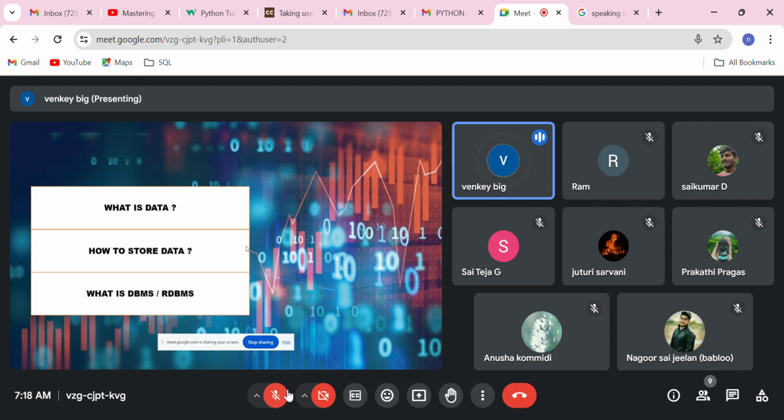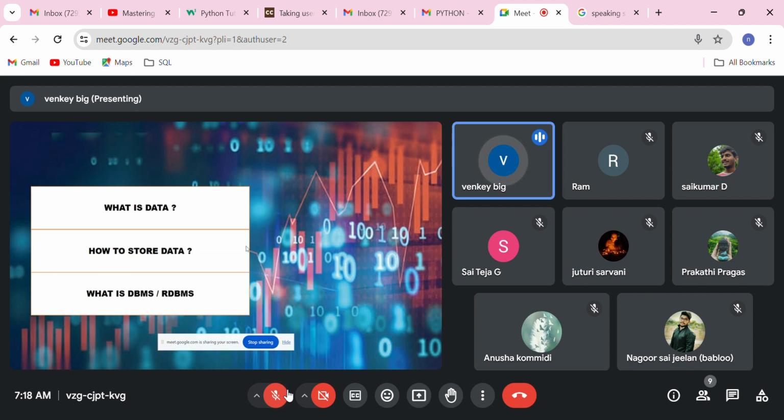Okay, now let us understand the concept of DBMS. As I already told you, DBMS consists of a set of rules. Let us take an example. I want to develop a database software called Venkat's database.